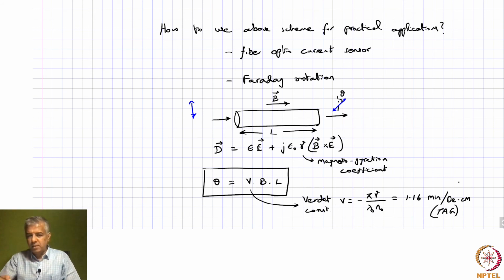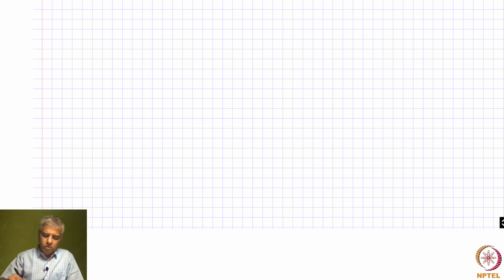So it's a much smaller effect in glass, but can we use glass for picking up this rotation? How can we use this effect in a current sensor? Let's look into that. What we can have is this fiber.